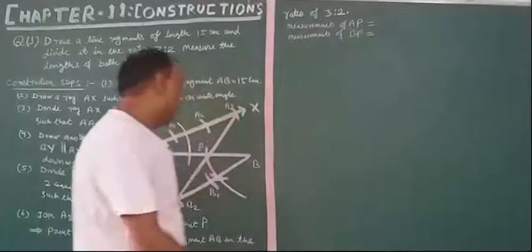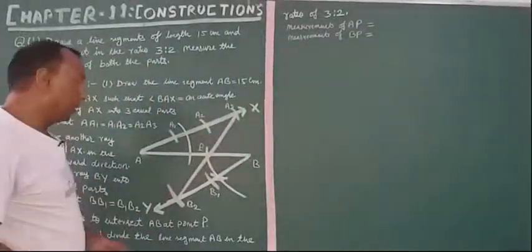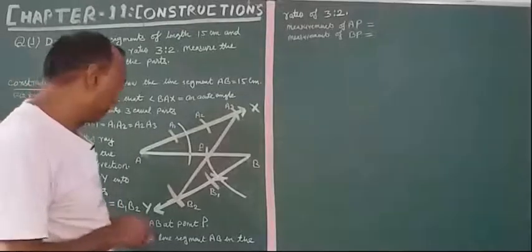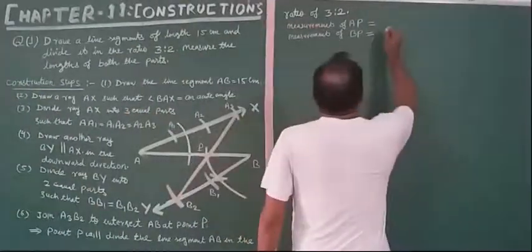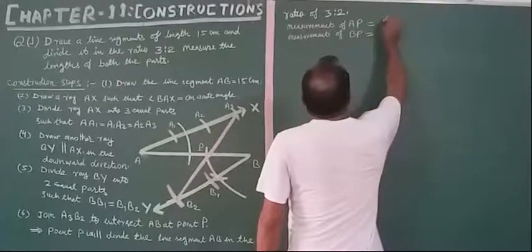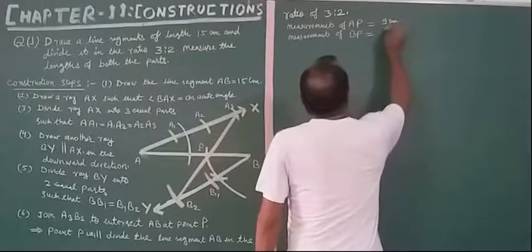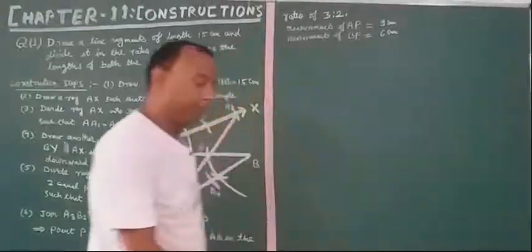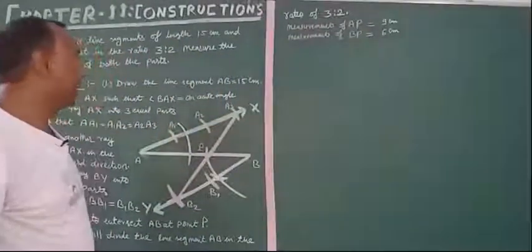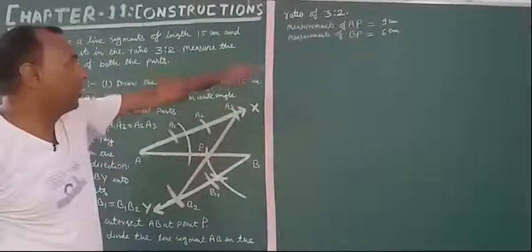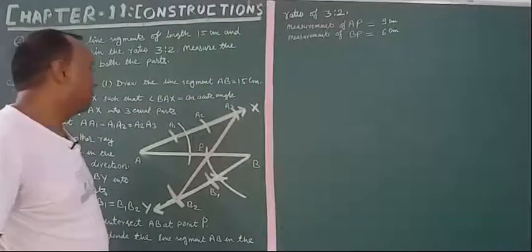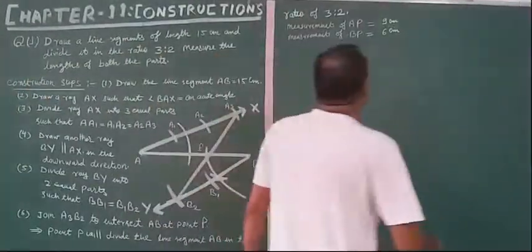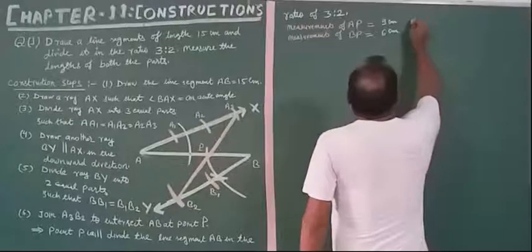When you measure the length of AP, it will come 9 centimeter, and the measurement of BP will be 6 centimeter.